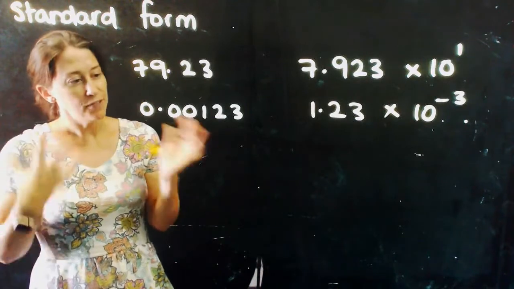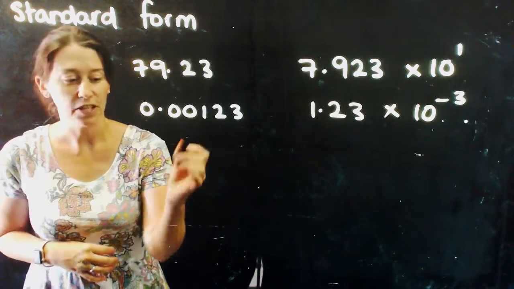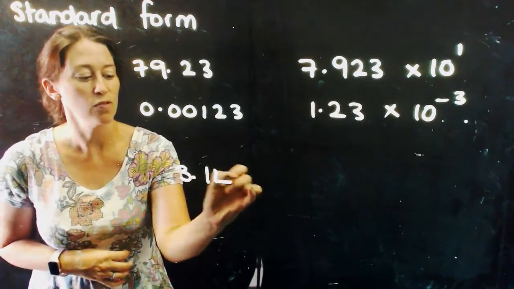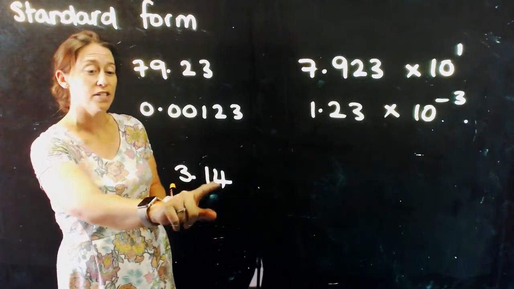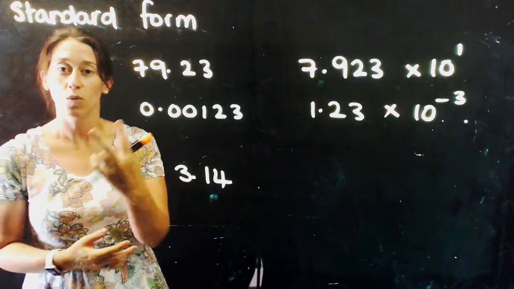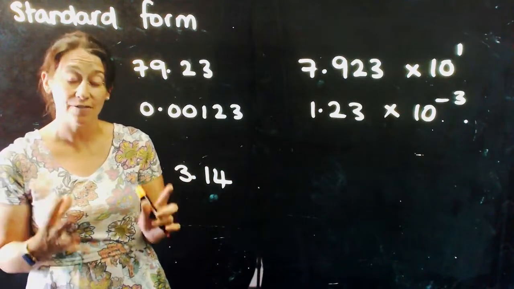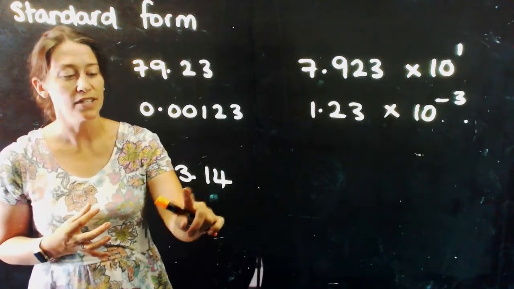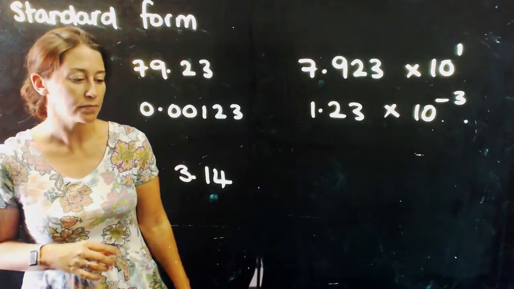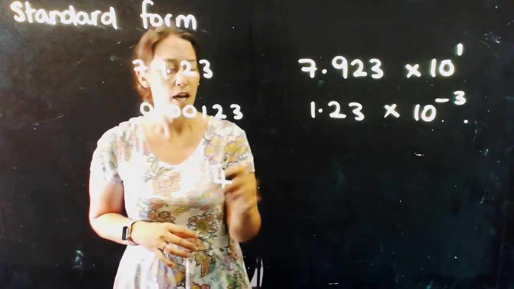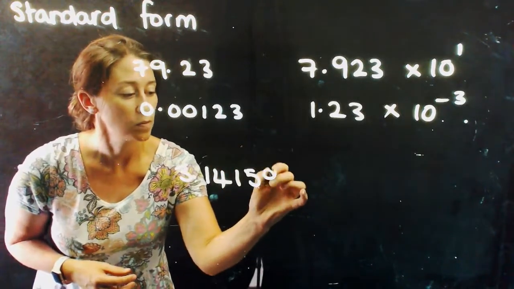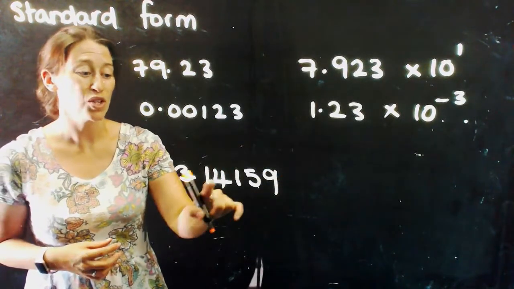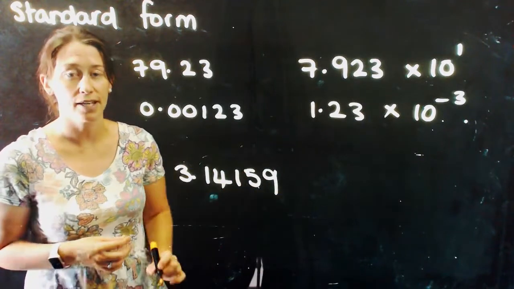All right, significant figures. Let's talk about pi. Pi is a very famous number. Pi, rounded to 2 decimal places, which means places after the decimal point, is actually a number written with 3 significant figures. Remember, a significant figure is a digit. So this is 3 significant figures here. If I wanted to keep going, 3.14159, pi is now written to 1, 2, 3, 4, 5, 6 significant figures.